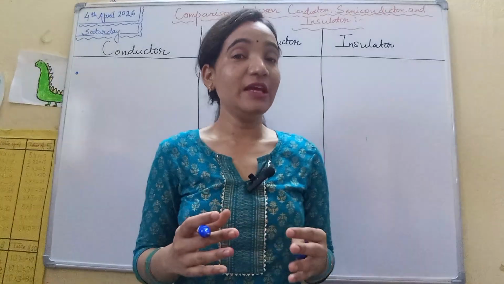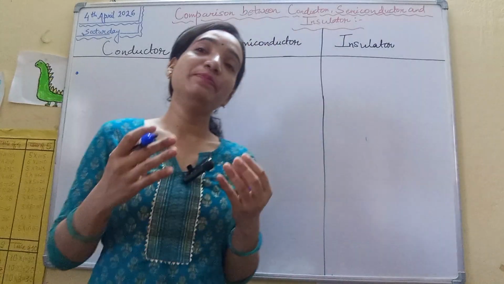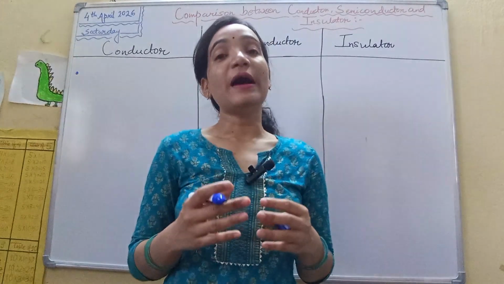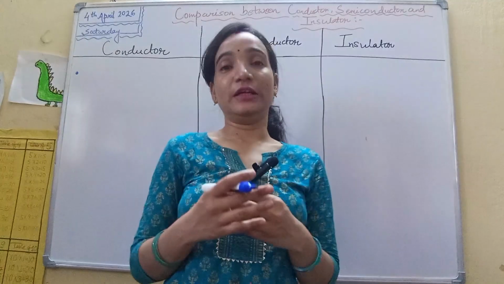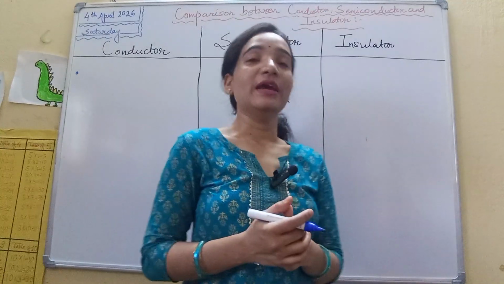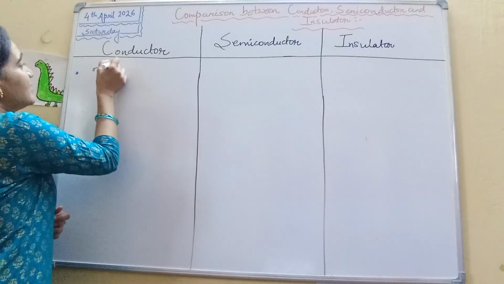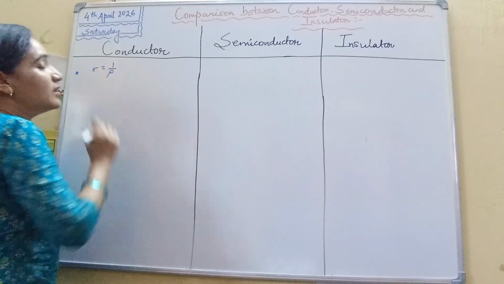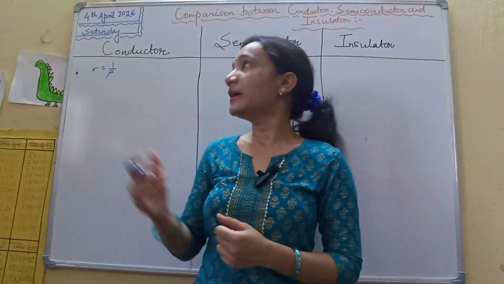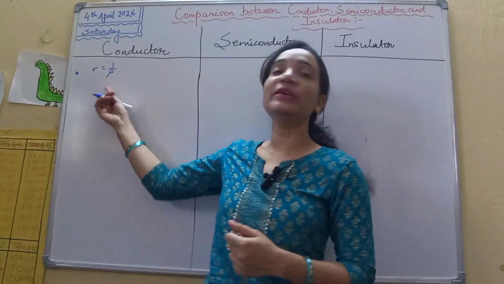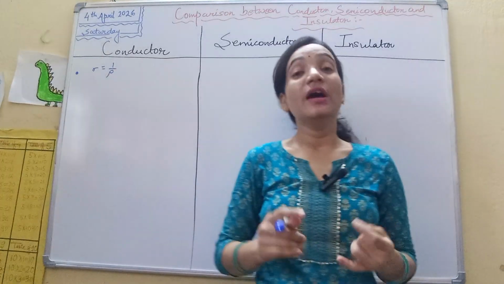The conductivity of a substance is denoted by the Greek letter sigma. It is the inverse of resistivity. Here we are saying two things are there: one is conductivity, one is resistivity.